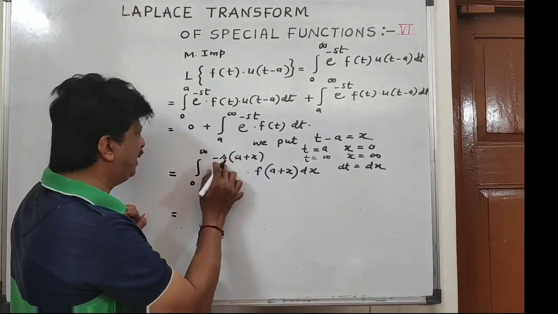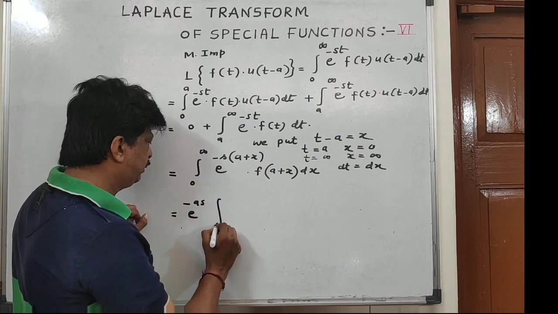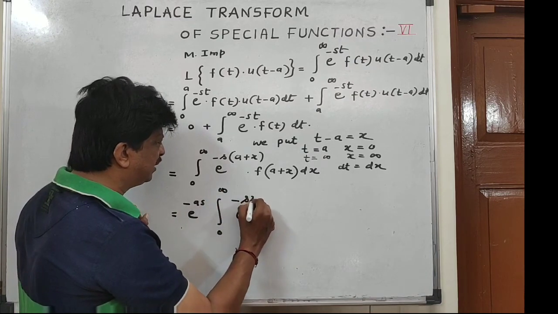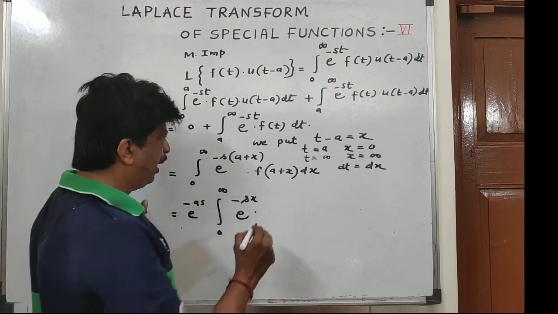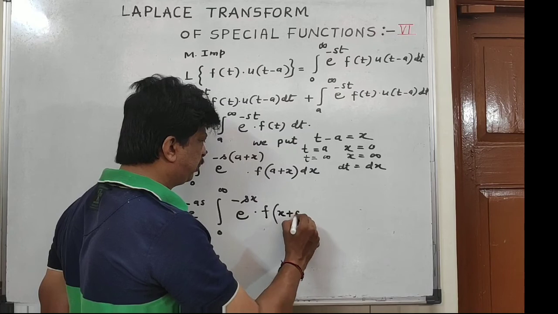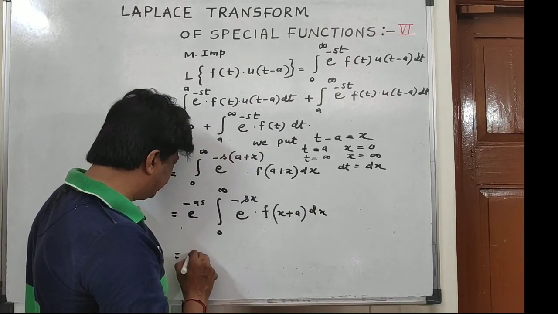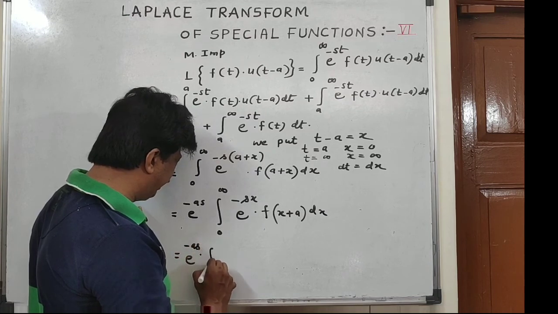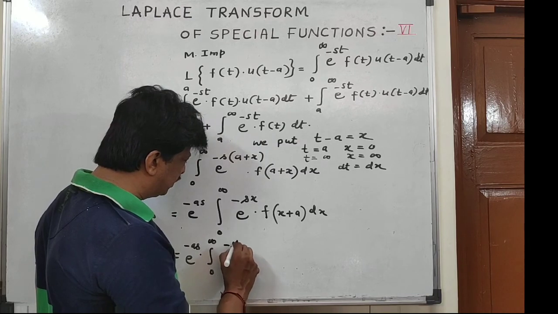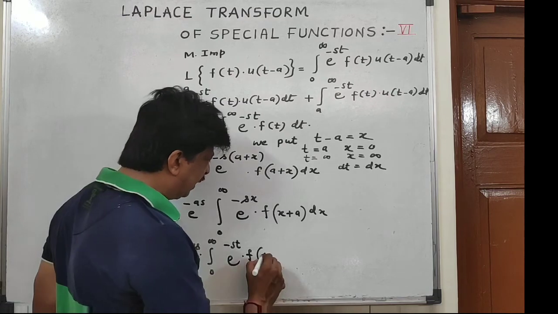So e raised to power minus as I am taking out, integral 0 to infinity e raised to power minus sx into f of x plus a dx, or in other language it is equal to e raised to power minus as into integral 0 to infinity e raised to power minus st into f of t plus a.